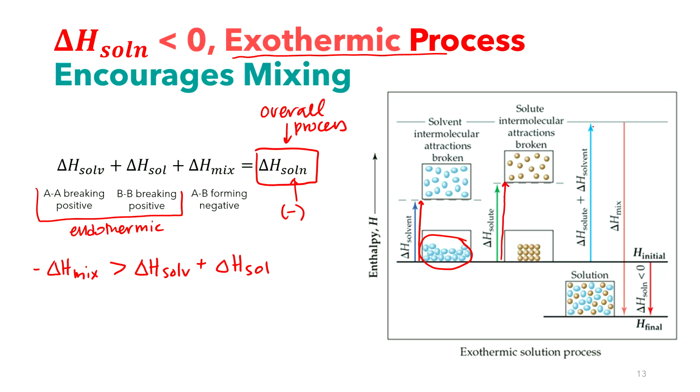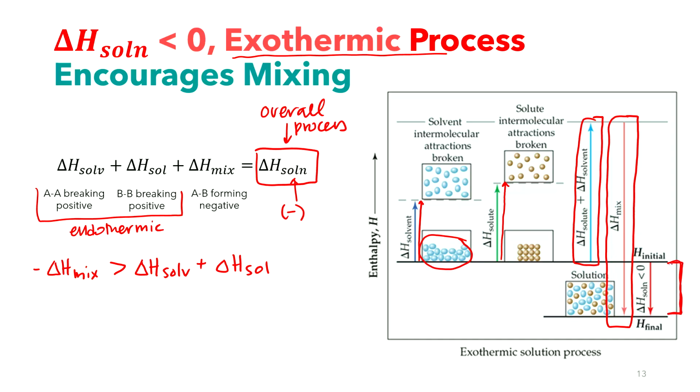So that's my overall cost. There's the endothermic cost of doing it, but I get to bring them together. So my delta H mix in this case is a bigger negative arrow, which means that this overall process, delta H of the solution, is negative. I wound up lower than when I started because these two things like to mix with each other, okay?